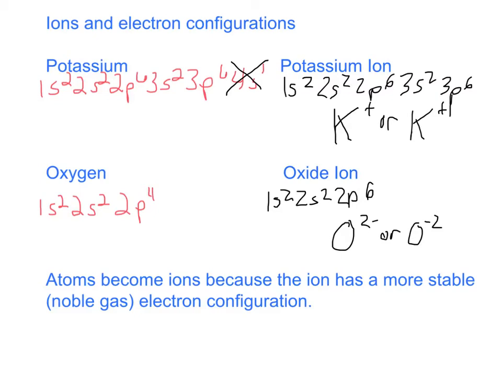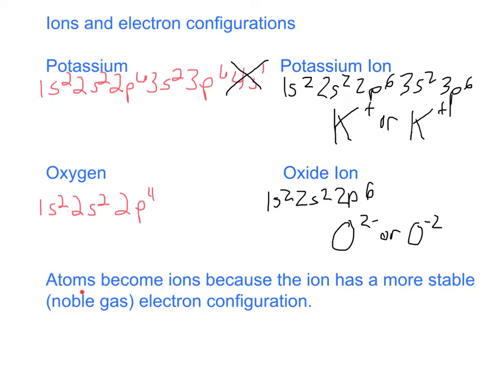A big point to point out here is at the bottom. It says ions form the way they do because they want to get to a more stable noble gas electron configuration. That's the theme throughout. Noble gases have the most stable of all electron configurations.